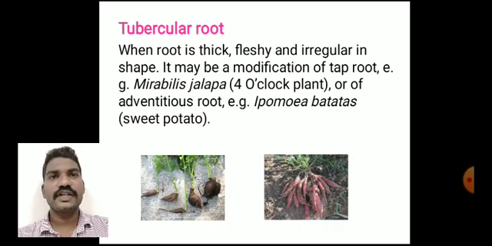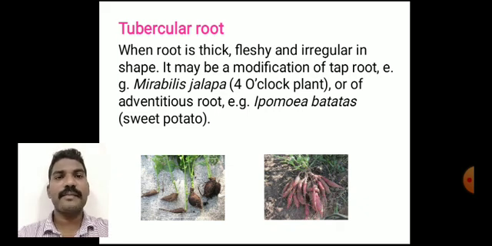And the fourth one is tuberous roots. In this type, the roots are fleshy and irregular in shape. It may be a modification of taproot and also adventitious root. In taproot system, we can see Mirabilis jalapa, that is the four o'clock plant.